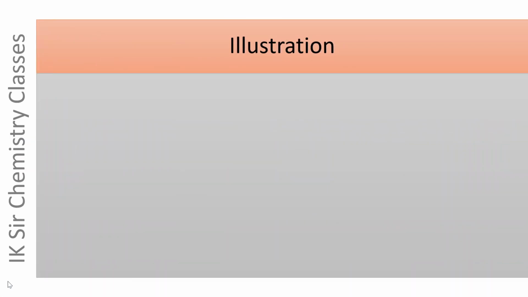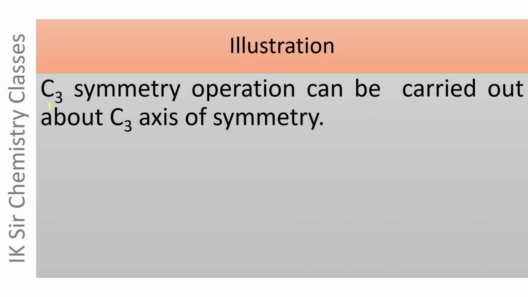Let us illustrate it. For example, the C3 symmetry operation can be carried out about the C3 axis of symmetry, and only about the C3 axis of symmetry.